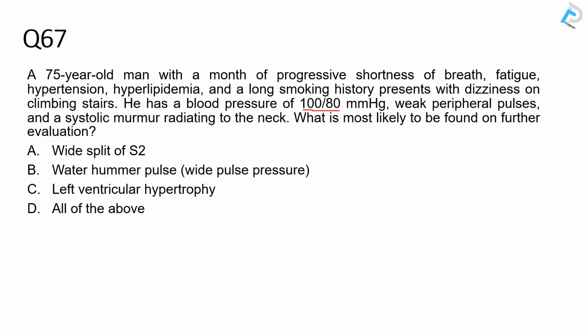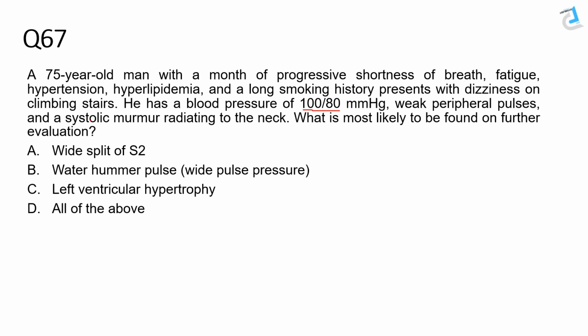Wide splitting of S2. S2, the second sound, is caused by the closure of the aortic and pulmonary valves. Splitting normally is physiological and can be seen during inhalation because the aortic valve closes a bit earlier than the pulmonary valve.